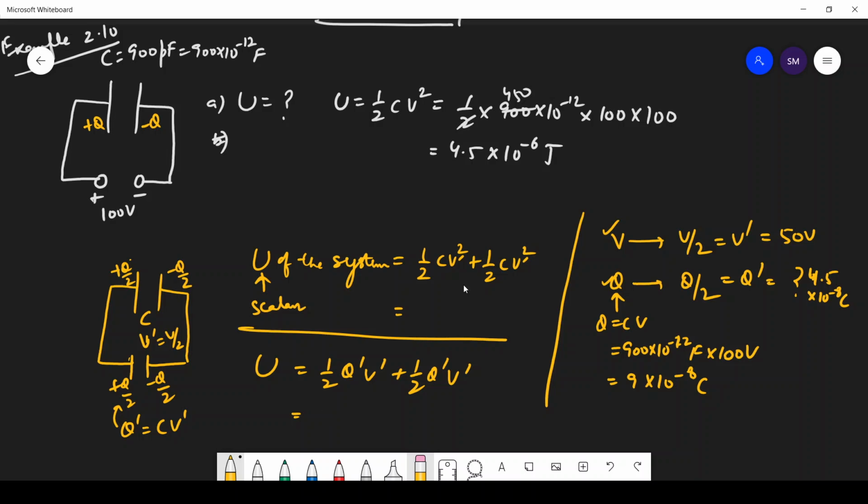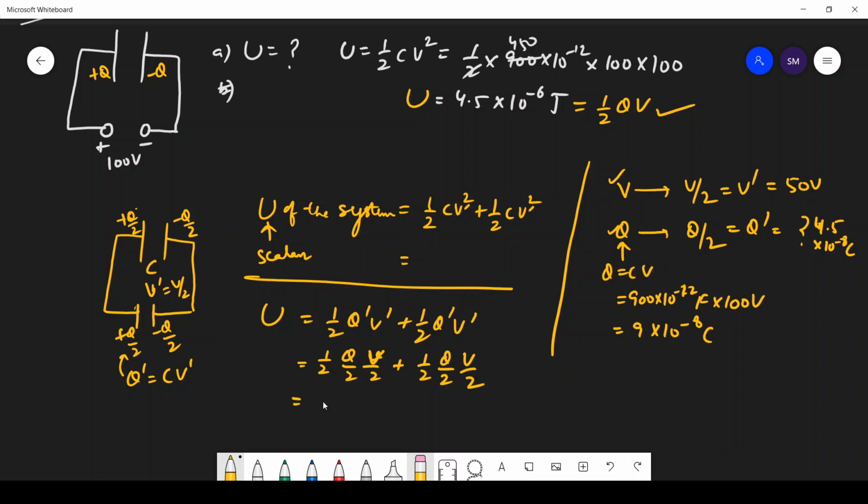The smart thing is that this U is half CV square, which is equal to half QV, right? We know the value of Q dash and V dash in terms of Q and V, so we can use this formula. This will be a little bit lengthier, but very simple. So half, what is Q dash? Q by 2. What is V dash? V by 2. So plus half Q by 2, V by 2. Okay?